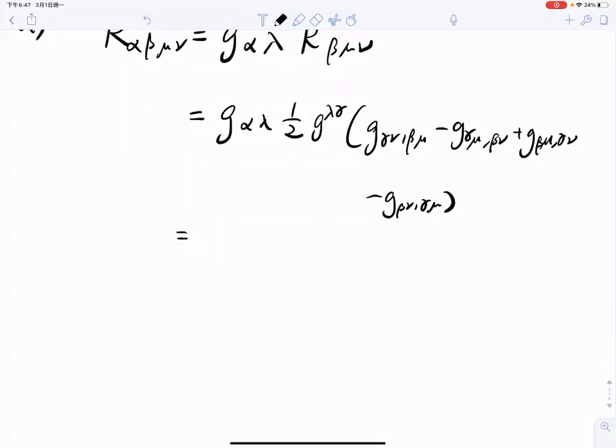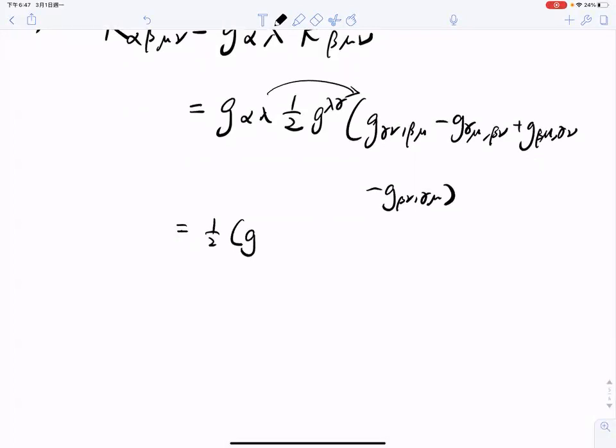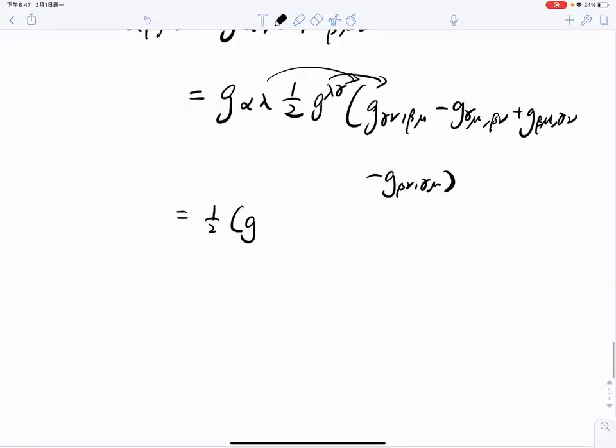This finally would be equal to the metric tensor times the derivative of g mu nu, you can obtain something like this.